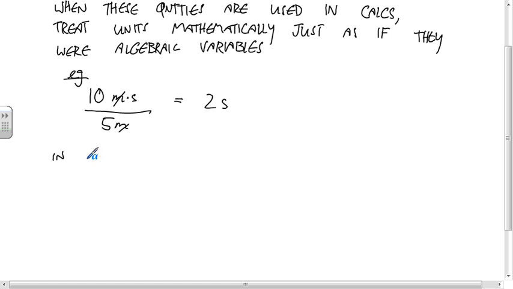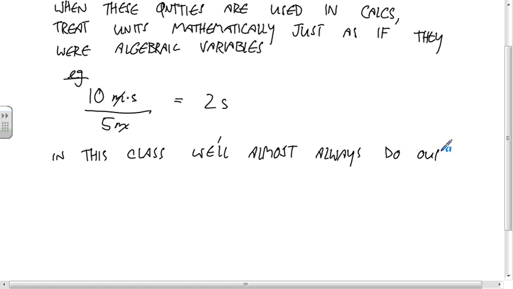In this class, we'll almost always do our calculations in SI units. People tend to just call it SI.